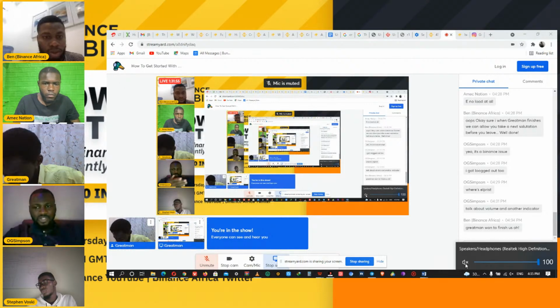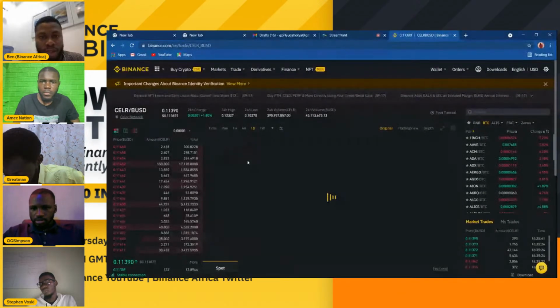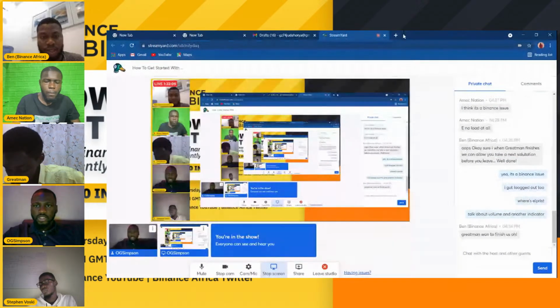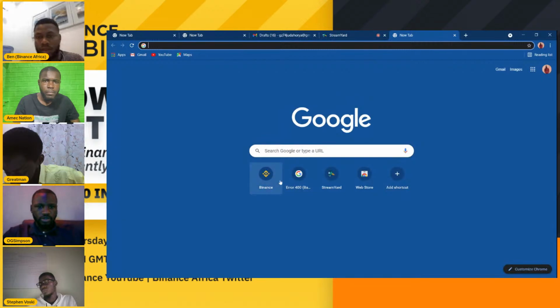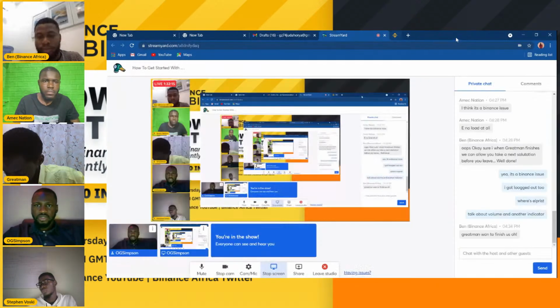I think his network has gone off too. I don't know what's wrong with the network today, but it's actually very bad. It's a general problem. Let me try to log into Binance all over again. You can see I'm getting an error message.